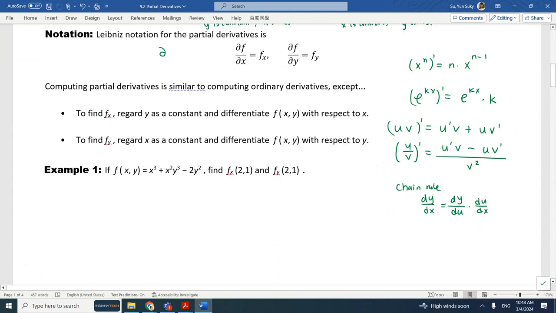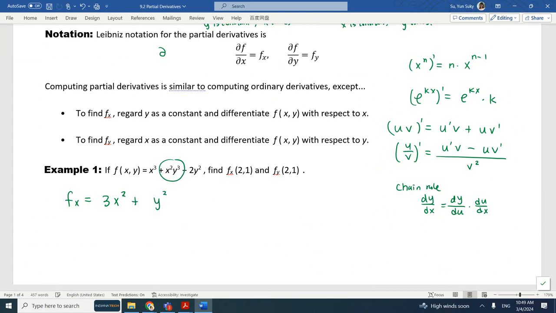Now, let's look at example 1. This is the function f. Find f sub x and f sub y. For f sub x, we think about y as a constant. x is the variable. What's the derivative of x cubed? 3x squared. Yes. 3x squared plus x squared y cubed. y cubed is like a number, so the constant multiple stays here.